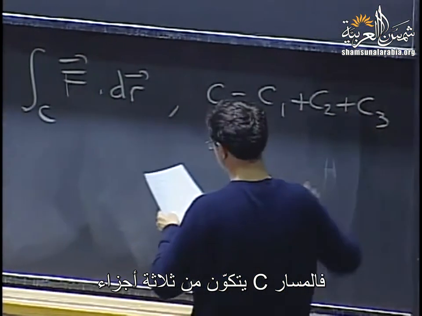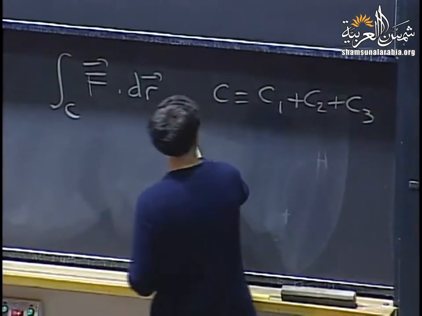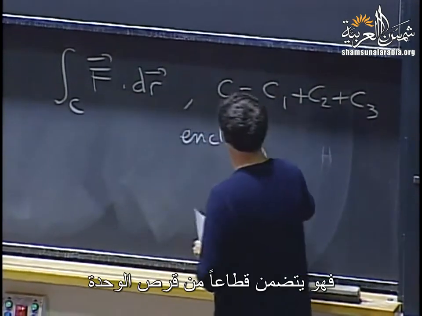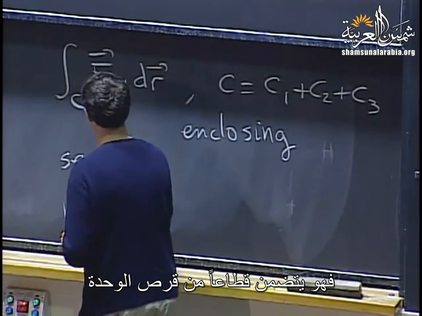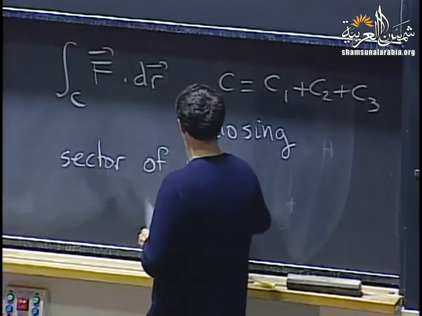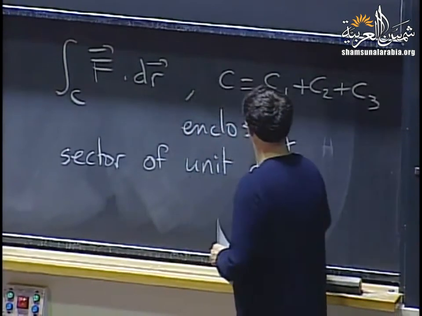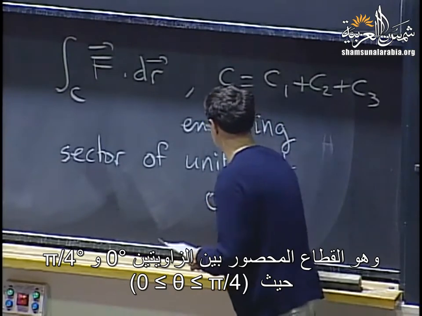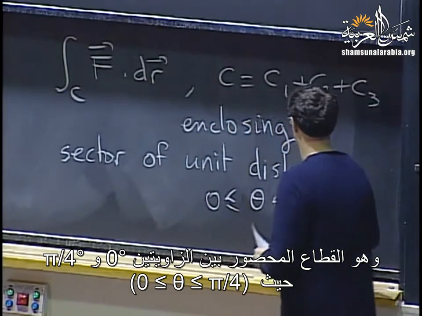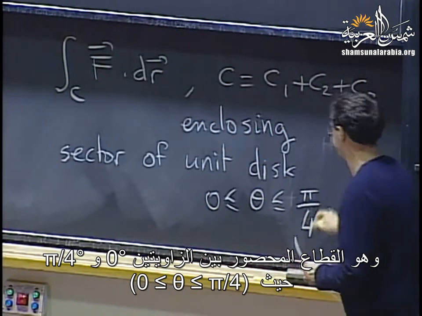Okay, so C consists of 3 parts, so that you enclose a sector of a unit disk corresponding to angles between 0 and 45 degrees.